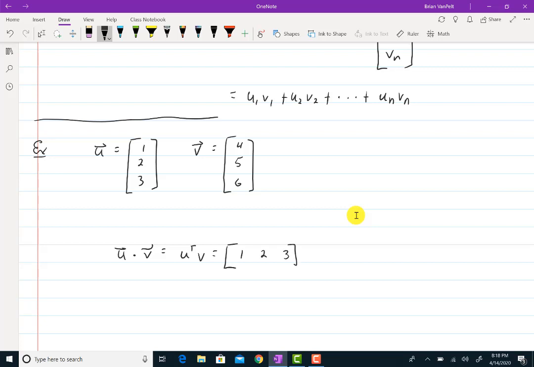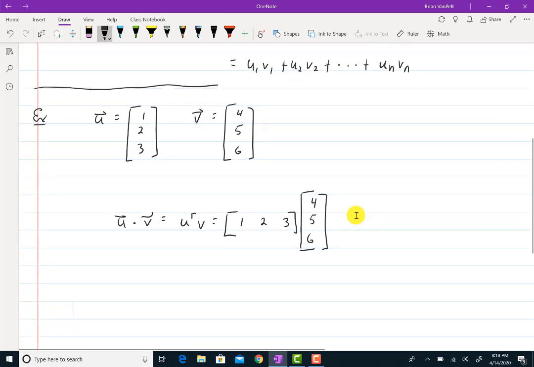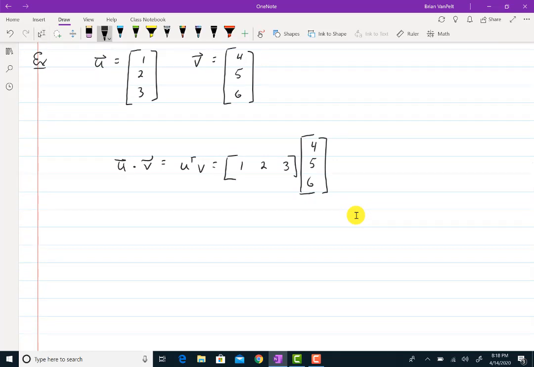My V will stay vertical, 4, 5, 6. And then you multiply this as you normally multiply matrices together. I'll have 1 times 4, then plus 2 times 5, plus 3 times 6. That'll be 4, 14, and 18. Looks like 32.